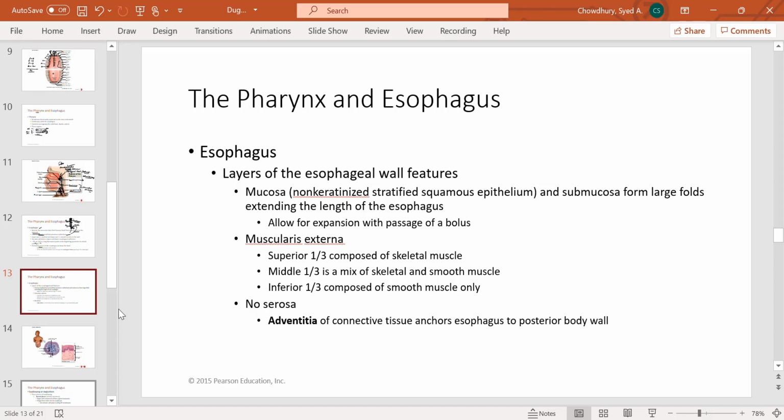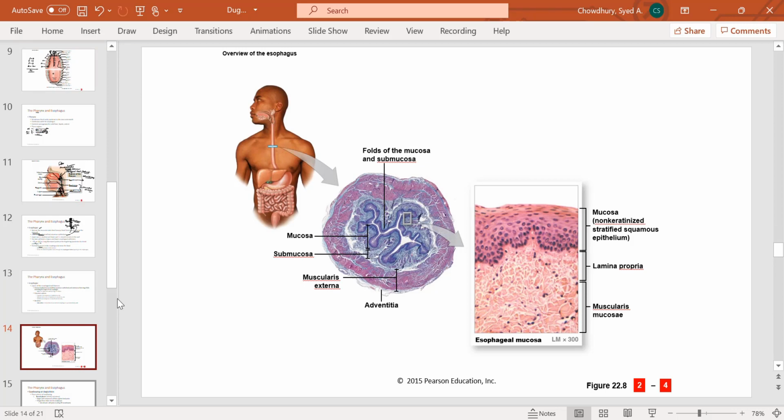Now if you see the wall of the esophagus and the layers in it, you have innermost mucosa, then under the mucosa you have the submucosa, and then muscularis externa, and outermost layer is called the adventitia, not serosa, because it is in the thoracic cavity, not in the abdominal cavity.